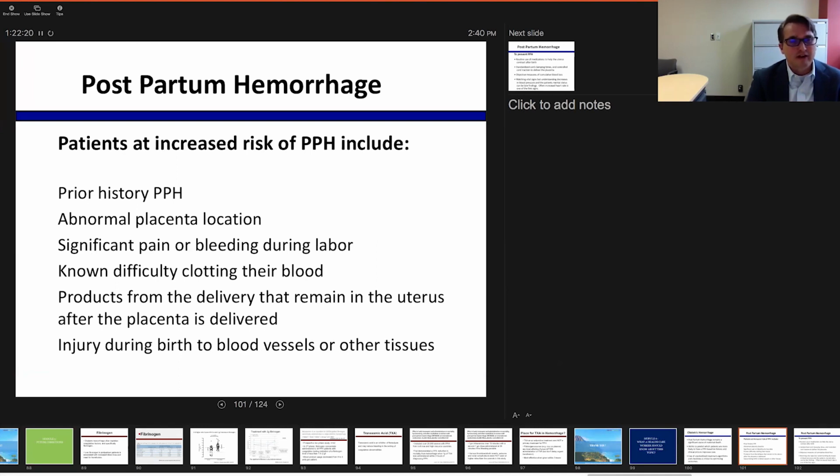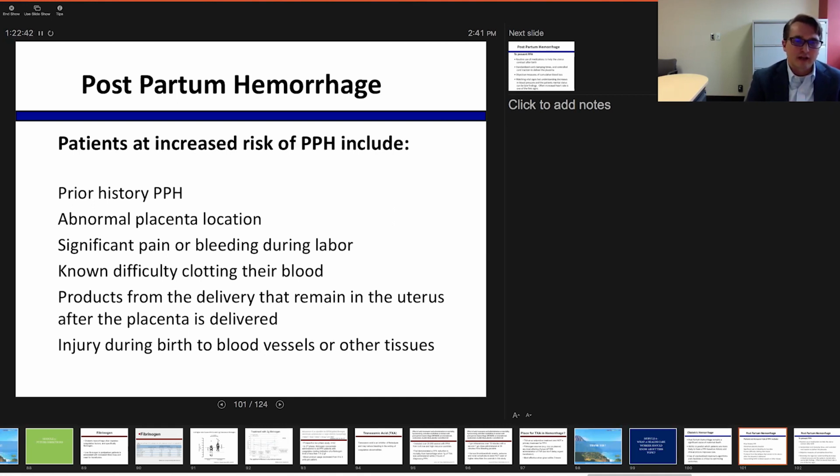In addition, if they've had prior cesarean sections and they have an abnormal placement of placenta, they could have what's called an accreta, and you may want to transfer them to a higher level of care for the time of their labor and delivery. Significant pain or bleeding during labor could signify abruptions or uterine rupture.